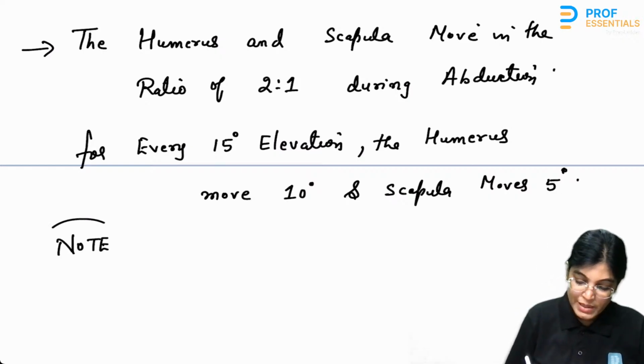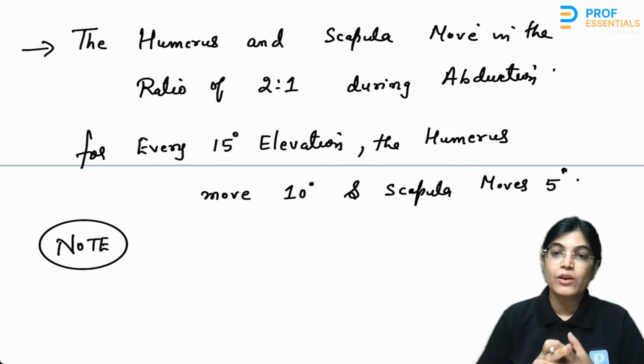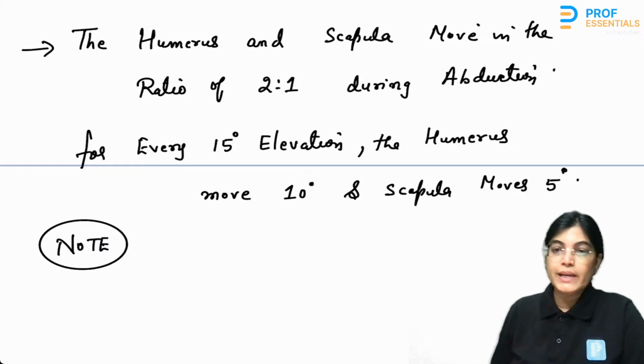It is called the shoulder joint complex because the sternoclavicular, acromioclavicular and scapulothoracic linkage are functionally also involved.